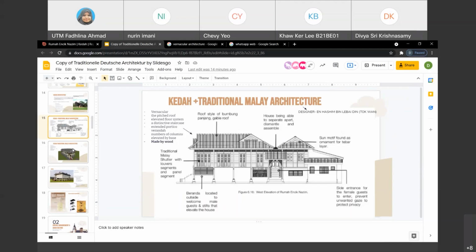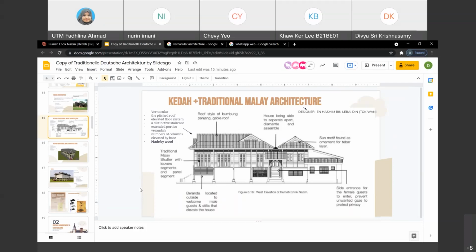Okay. For the builder, there is Encik Hashim bin Lebaidin. They also call him Tok Wan. He's an expert full-time carpenter who lives at Kampong Johor Pantai, and he holds the principle of the manual construction method. So Rumah Encik Nazim is totally manual construction.